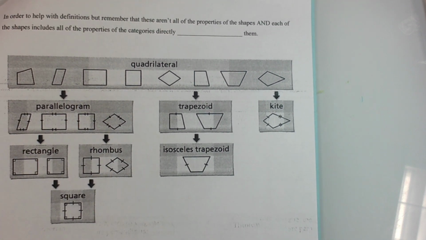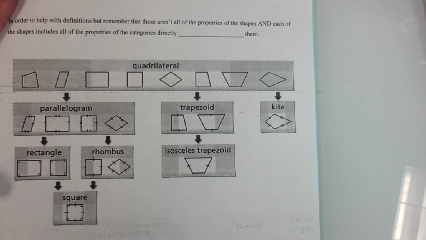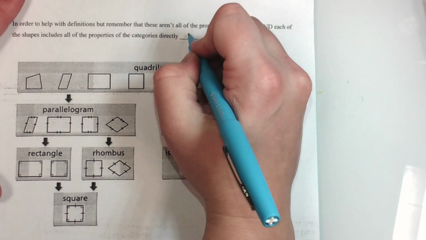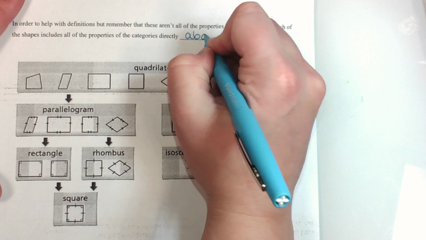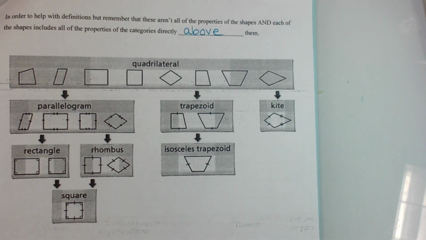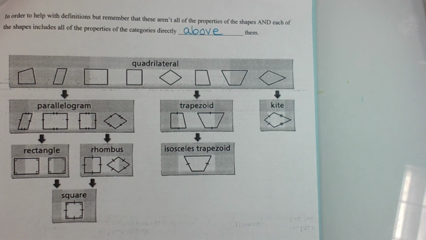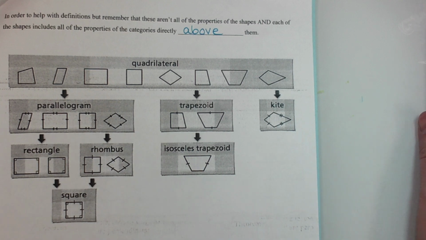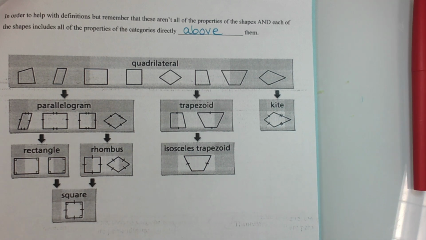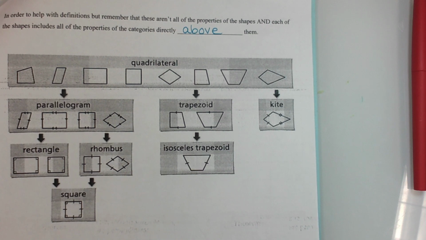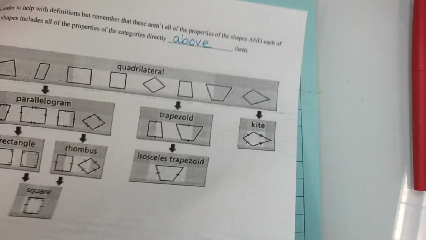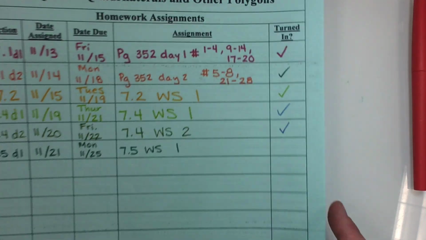And so when it comes to a shape's properties, properties that apply to that shape will work with any of the shapes directly above it in this flowchart. And I've worked with you on that already. So it's just a reminder of that fact. Otherwise, we've done all that already.